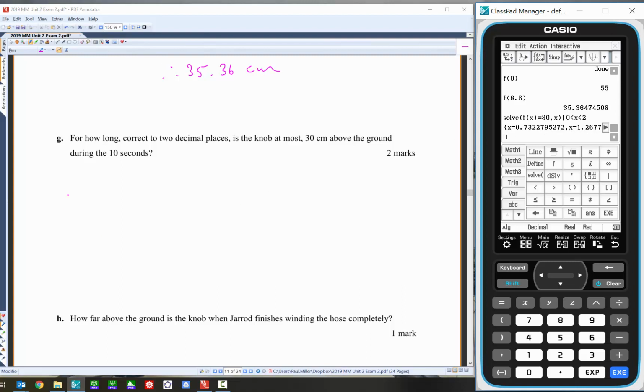So here's my notation: h of t equals 30, where t is an element from 0 to 2. t is equal to 1.2677..., and t is equal to 0.732.... Now I'm going to grab these two values. Take this one.